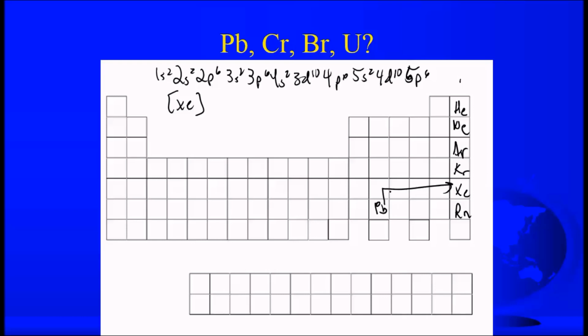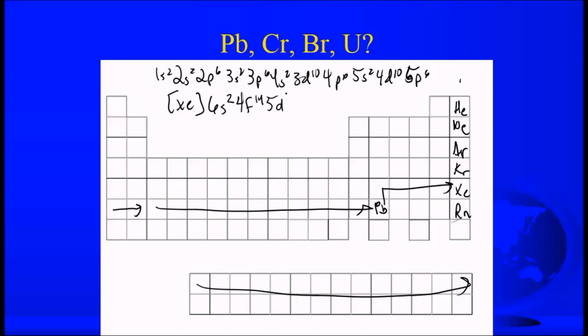Find the noble gas that is up and to the right, the noble gas that's inside, and then continue from there. 6s2, 4f14, 5d10, 6p2. That is called condensed electron configuration.